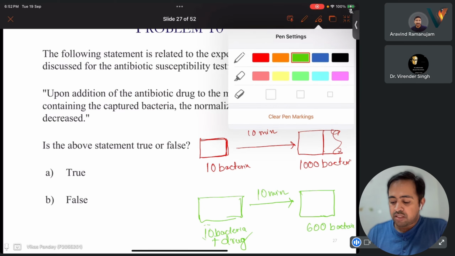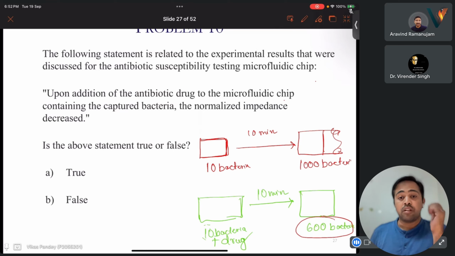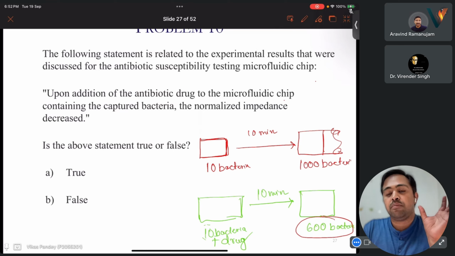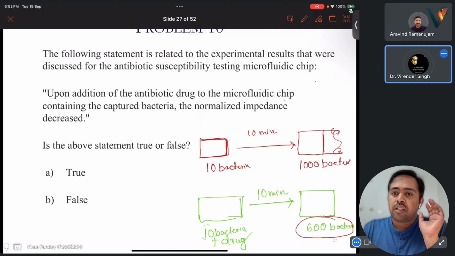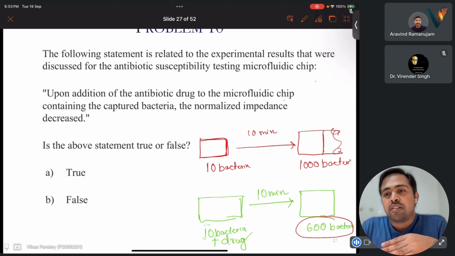So if we find that there are 600 bacteria only, how will we find that? By measuring the charge. But it is easier to measure the resistance or impedance compared to charge. If there is less charge, will there be more current or less current?